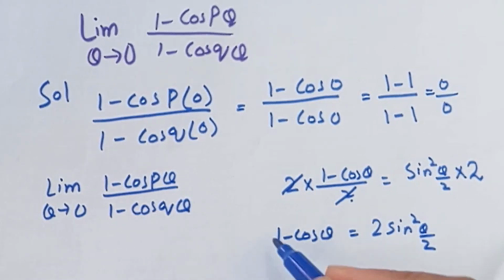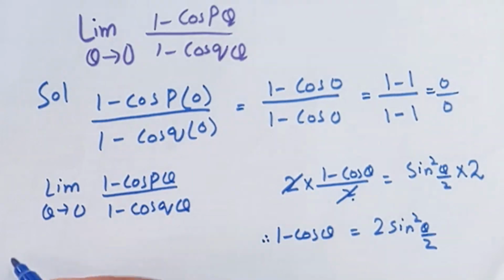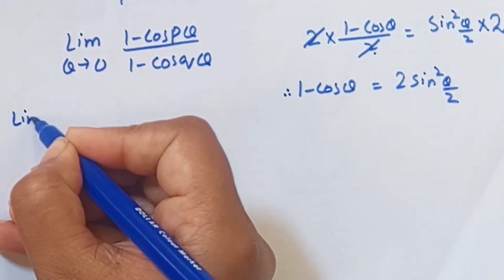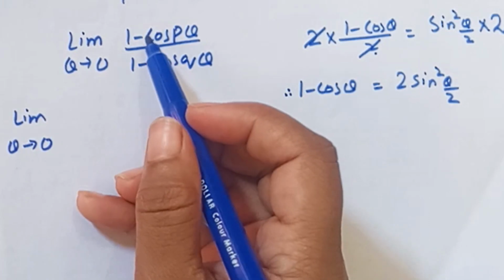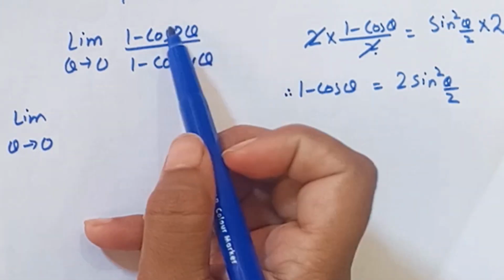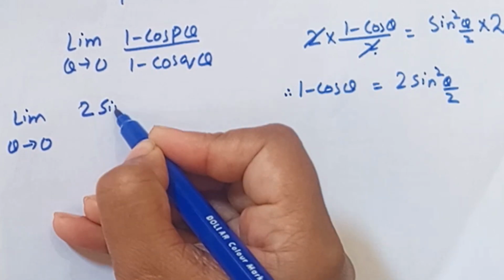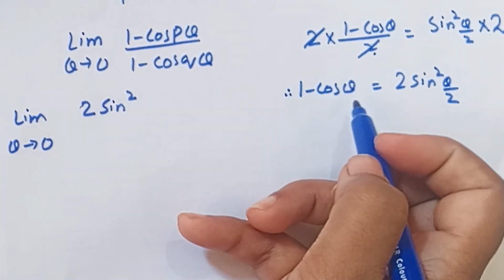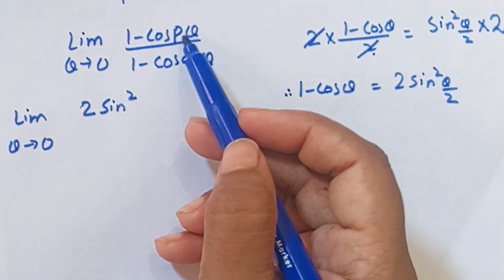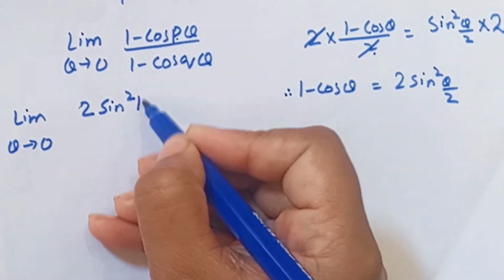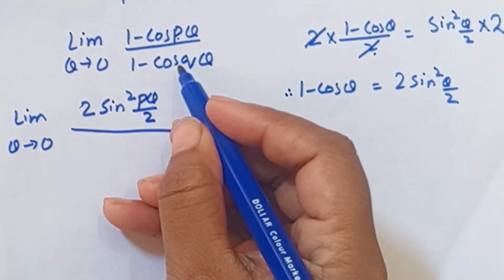Now we apply this identity in the numerator and after that in the denominator. So this is our limit theta approaches 0. Using this identity in the numerator, this becomes 2 sine square. Here it is just theta, but in our numerator we have p theta, so we write p theta over 2. Look at the denominator.